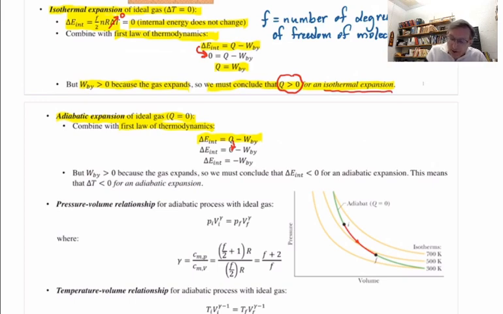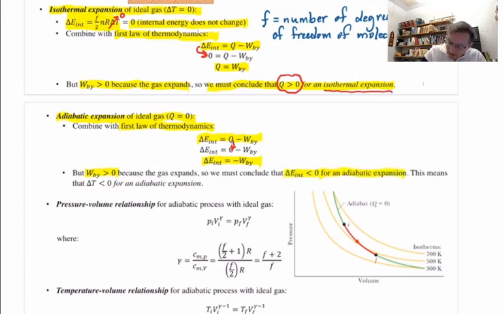And so then the conclusion you draw from the first law is this line right here, that the internal energy change of the gas will be equal to the negative of the work done by the gas. But again, our gas is going to expand, so W by is greater than 0. So on the right-hand side, I have a negative sign times a positive number, so delta E internal is negative for an adiabatic expansion.